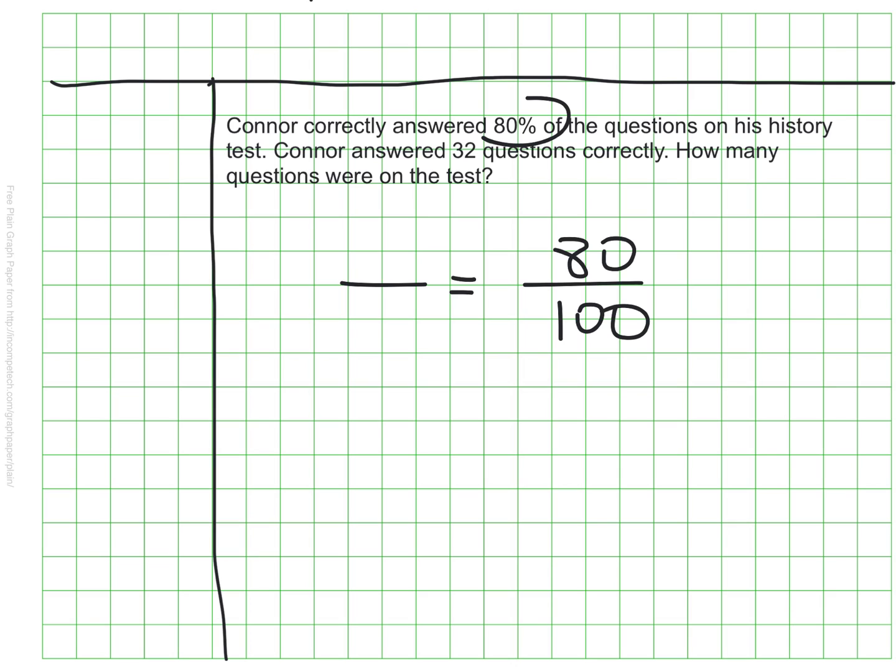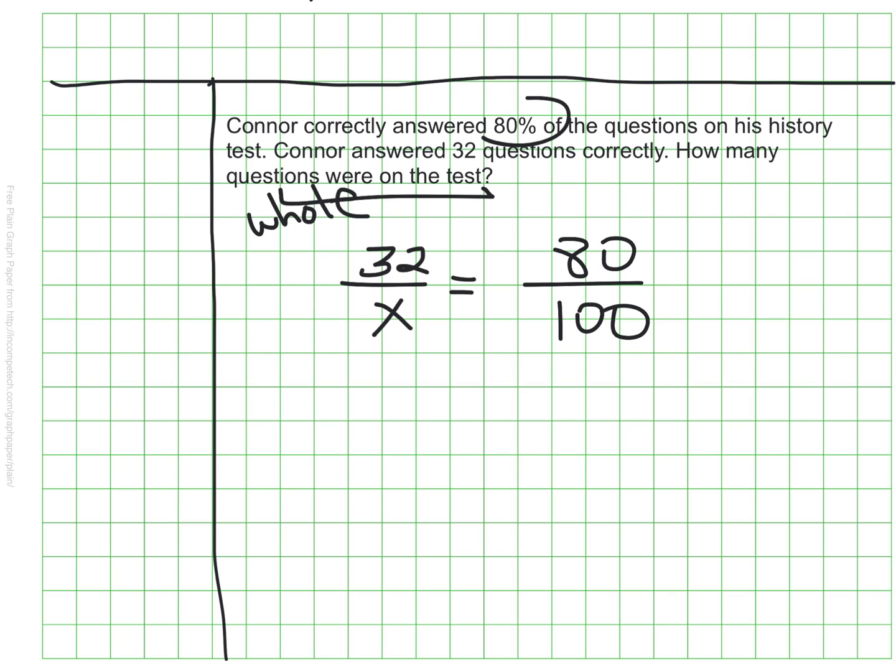The thing we don't know is how many questions were on the test. We don't know the whole. We don't know the total amount. So I'm going to say that he had 32 questions correct, but I don't know what the whole is. And I can always represent this also with a variable. Some of us are starting to do that. I've seen that in class, where we're using some letters to represent the numbers we don't know.